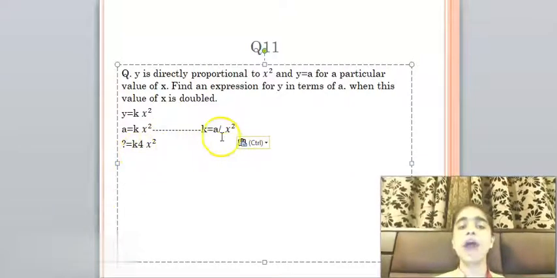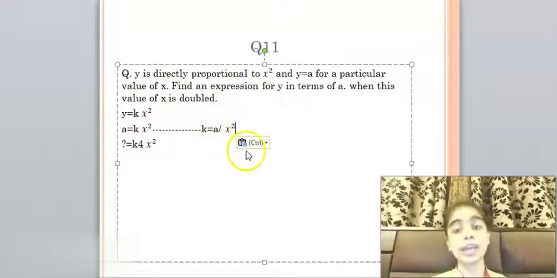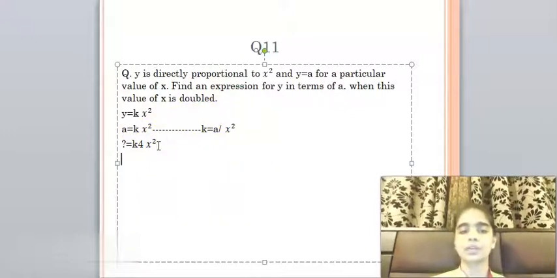Now I will put this in this equation. In place of k, I will write a upon x square. Then I will use the equation in a similar way.